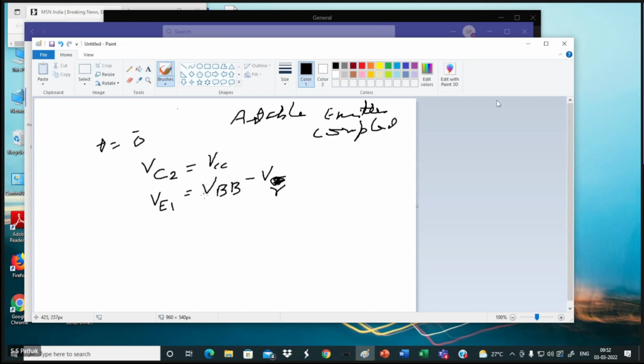VBB is applied to the base of Q1 and it was in cutoff, so VBB minus V gamma becomes my emitter voltage VE1. So what is my VC1? It is your VB2, the second transistor's base potential, and that will be your VBB minus V sigma. What does it mean?